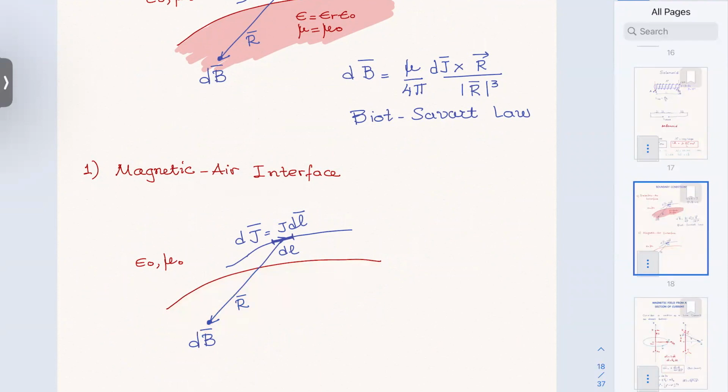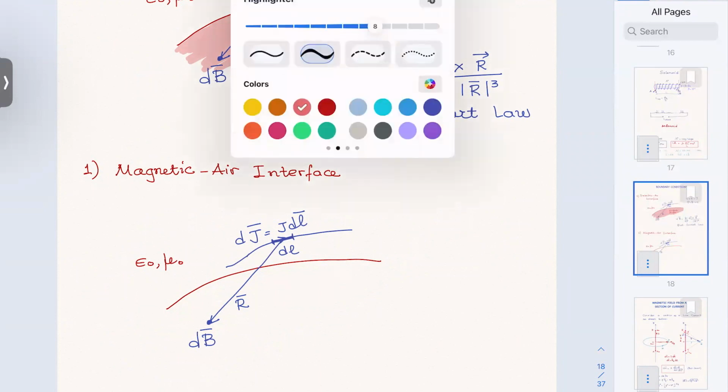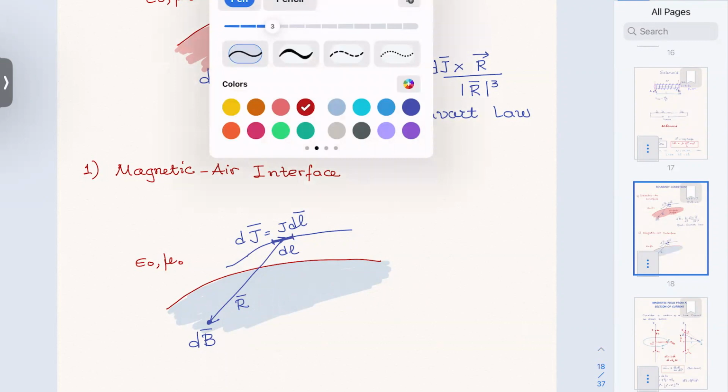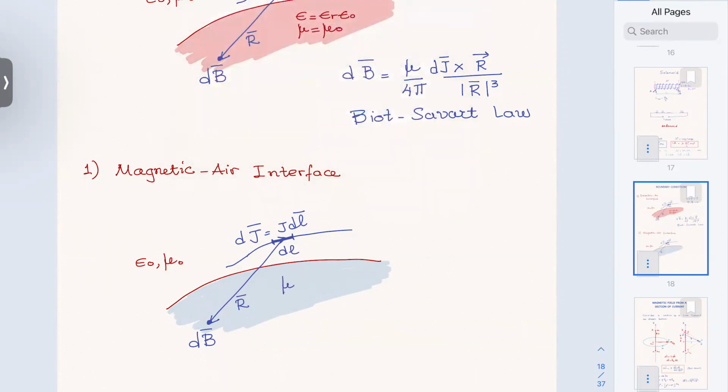I will use a different color to indicate this material. And now this material is magnetic. So here we have that mu is equal to mu sub r mu sub naught, and epsilon is equal to epsilon naught.